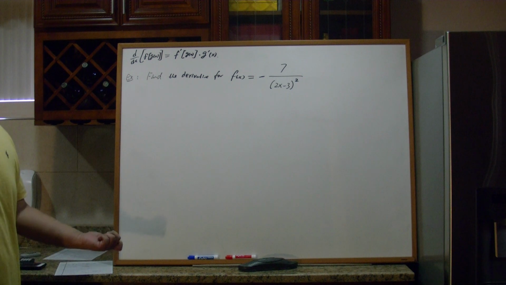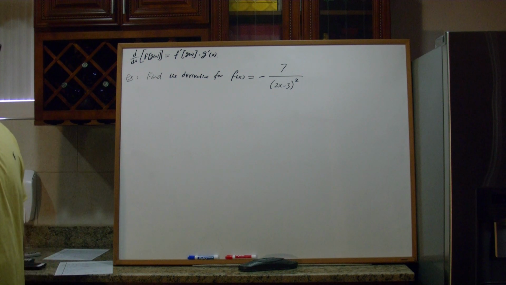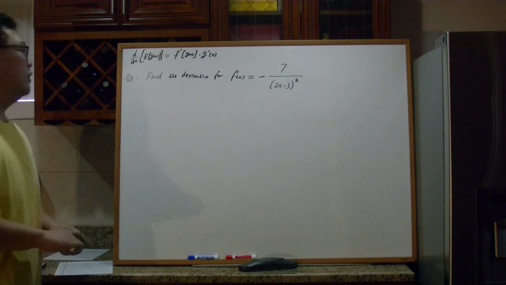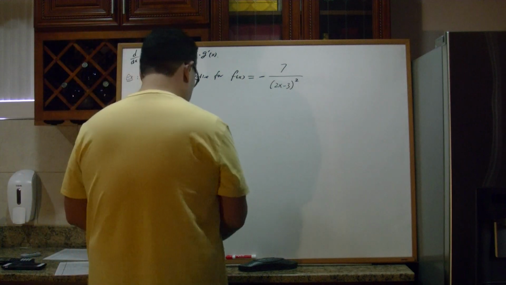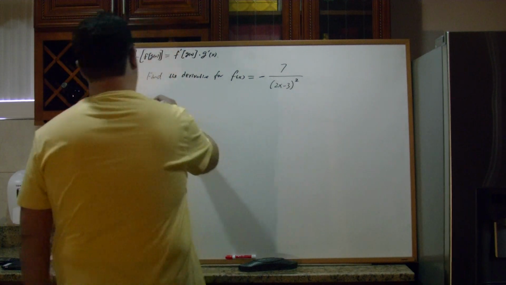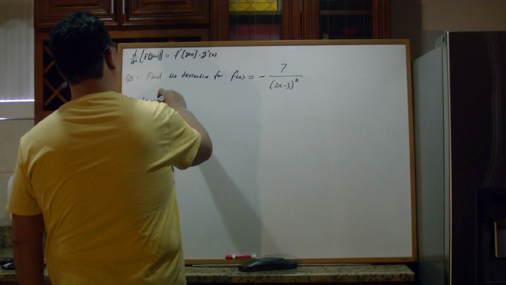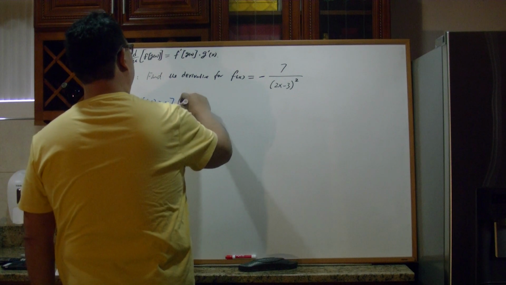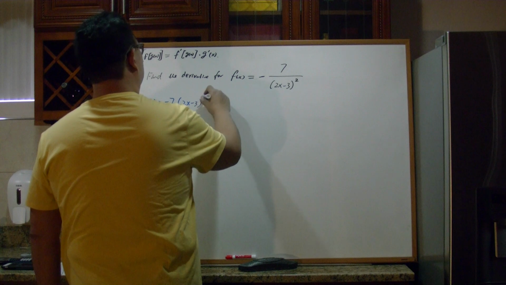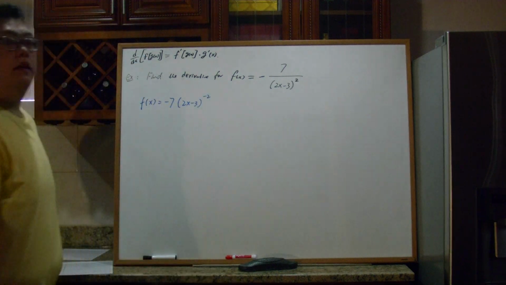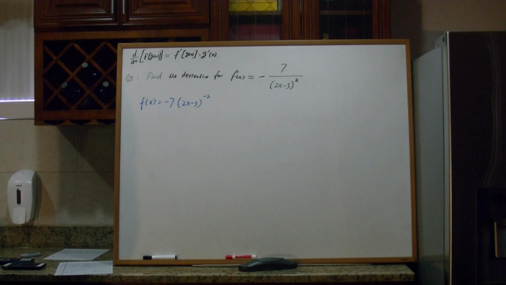Here it is a coefficient over the function. What we can apply is the power rule. To find the derivative of this function, we could simplify it: negative 7 times 2x minus 3 to the negative 2nd power.